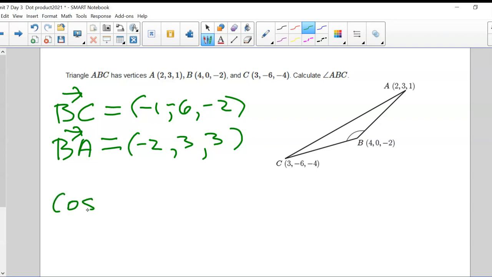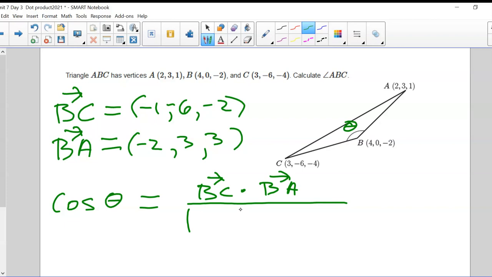The cosine of theta, this is theta right here, is going to be equal to the dot product, the BC vector times the BA vector, over the magnitude of the BC vector times the magnitude of the BA vector. Okay, that's the procedure. The cosine of theta is equal to that.